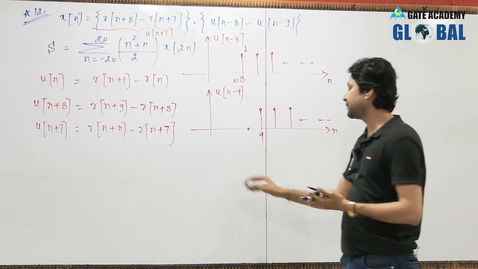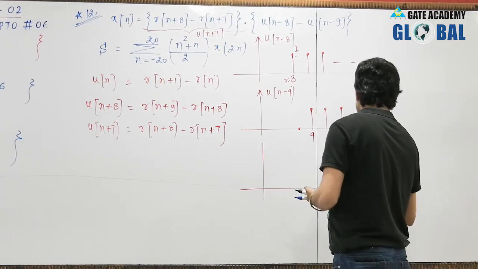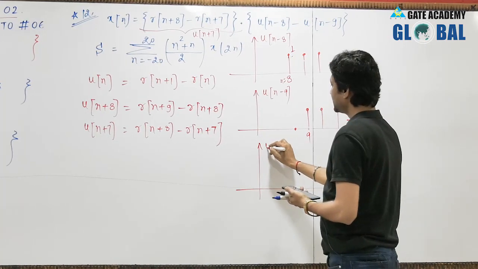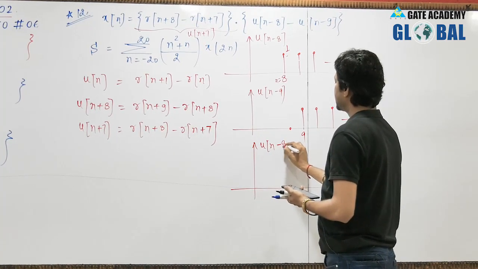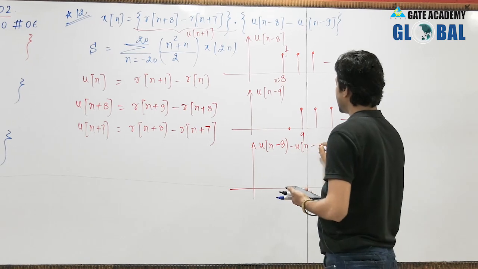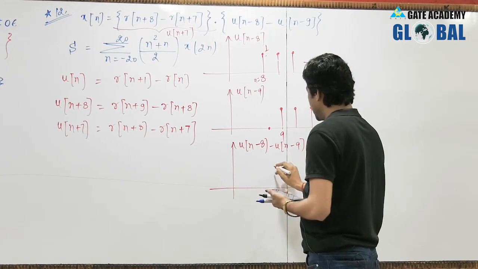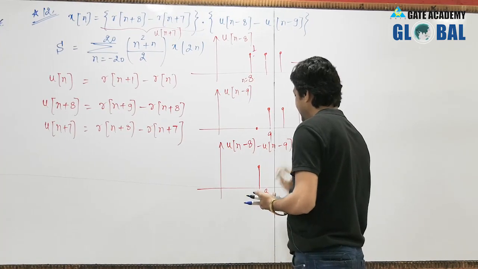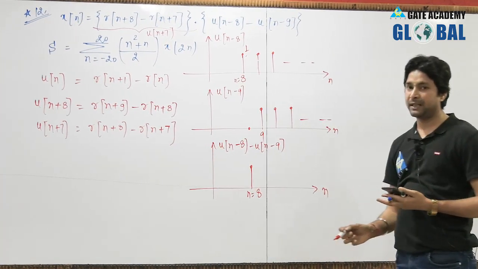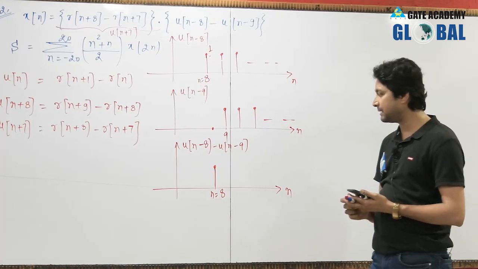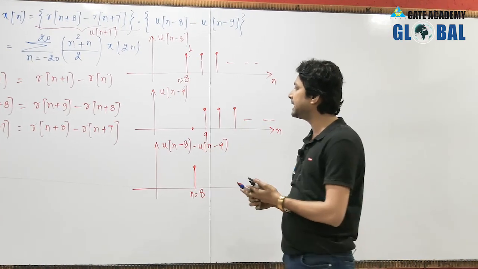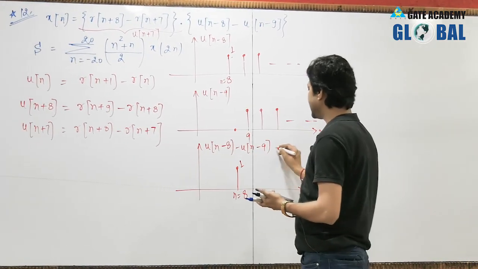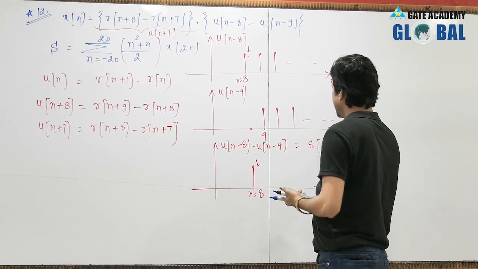Therefore 1 minus 0: the result of u of n minus 8 minus u of n minus 9 is a single impulse at n equals 8. Therefore, if there is an impulse in the discrete time case occurring at n equals 8 having value 1, then you can write it as del of n minus 8.